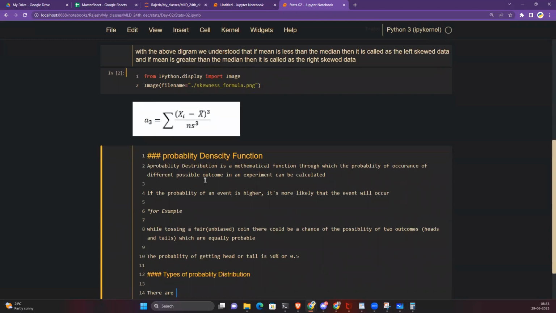There are many different types of probability distribution, some of which we will be covering in this class.